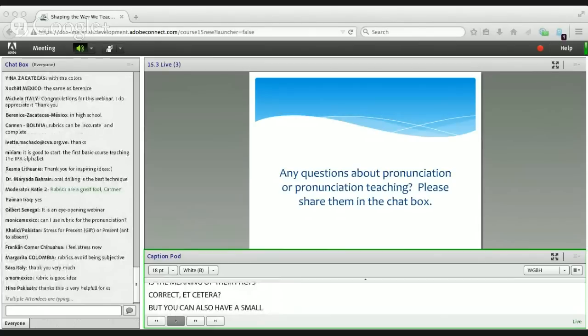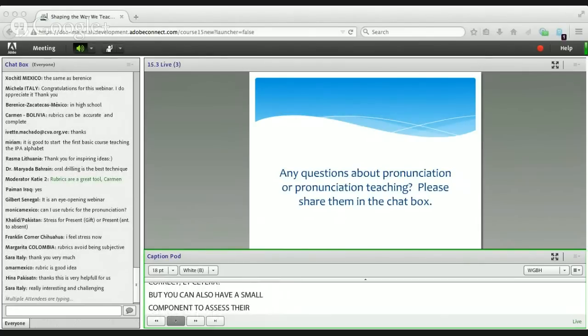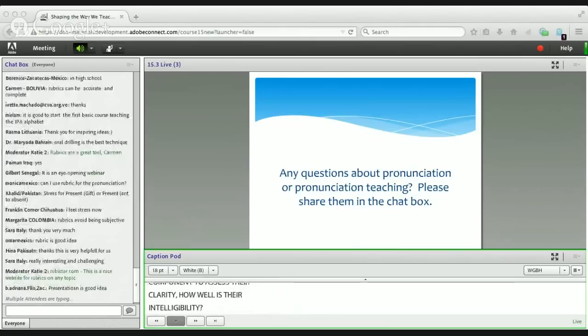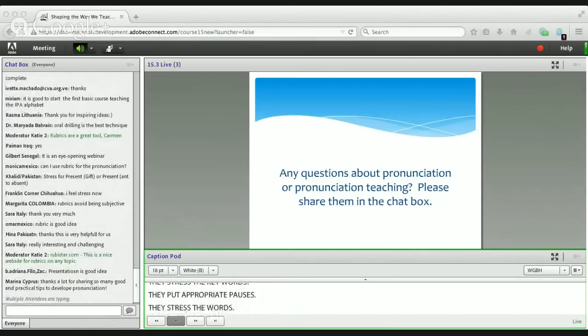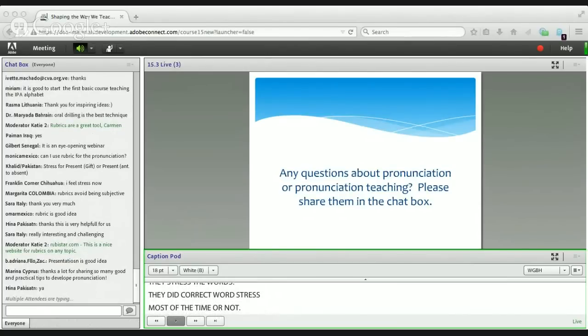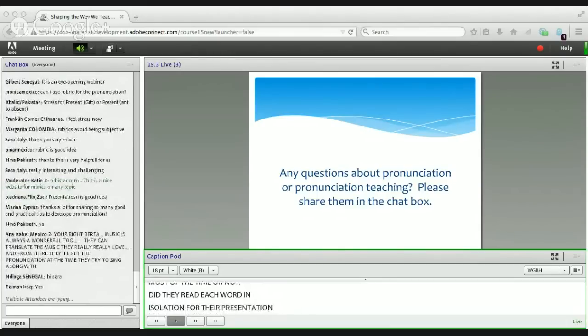Were they very understandable? They stressed the key words. They put appropriate pauses. They did the correct word stress most of the time, or not. Did they read each word in isolation for their presentation? Do you see what I'm saying? So, yeah, assessment can be done in many different ways.